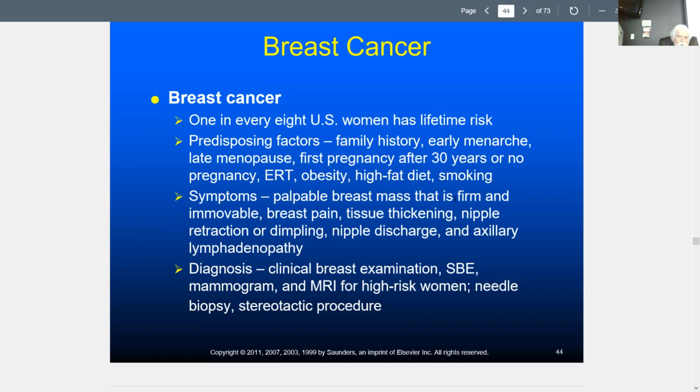And again, most of the time, if we catch it early, we can do a lumpectomy, take out the offending lump, if that's all that you can find on palpation or ultrasound evaluation, or more radical procedures depending on where it is.